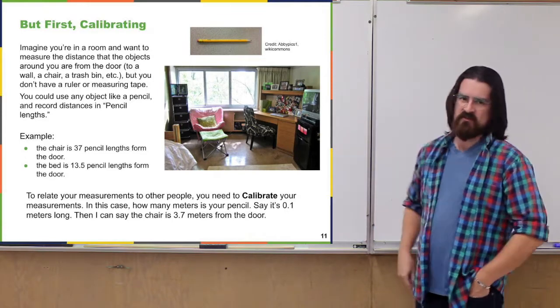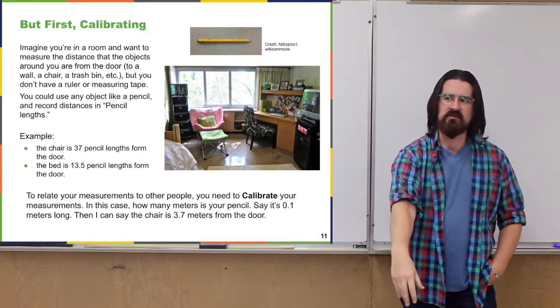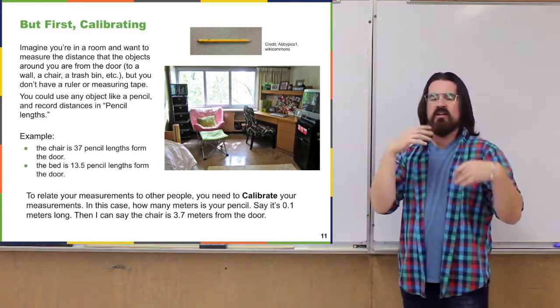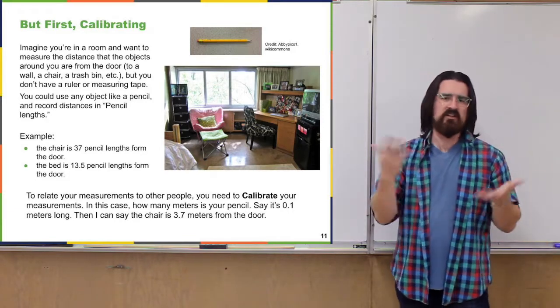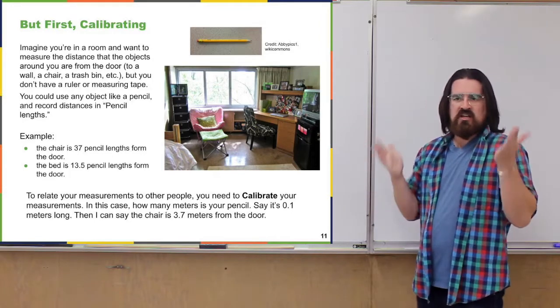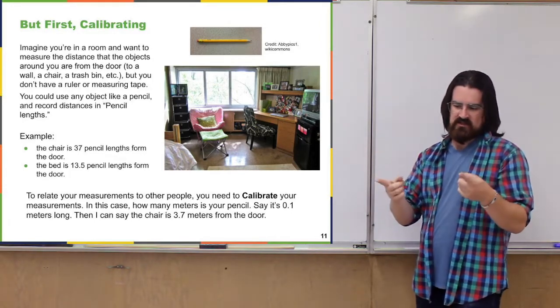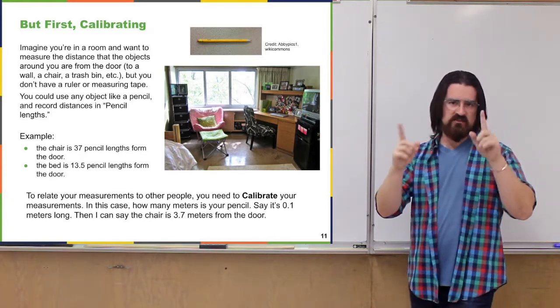You just don't happen to have any of those things, so you decide, I still want to take measurements of some kind, and then later I can relate those to our standard, and then things will work out all right. So if you don't have any of those tools, you just take something that has length, and then start measuring all these distances in units of that length.